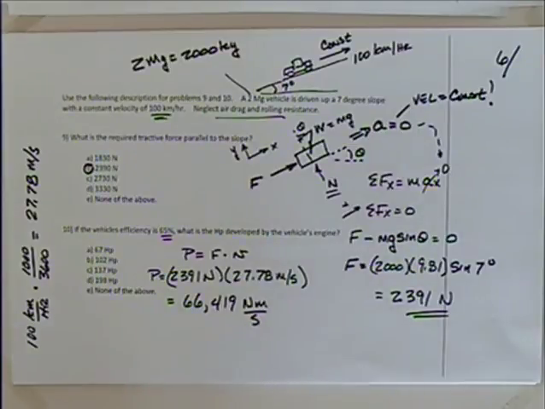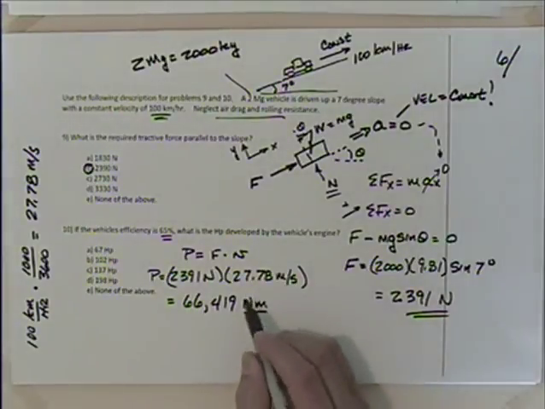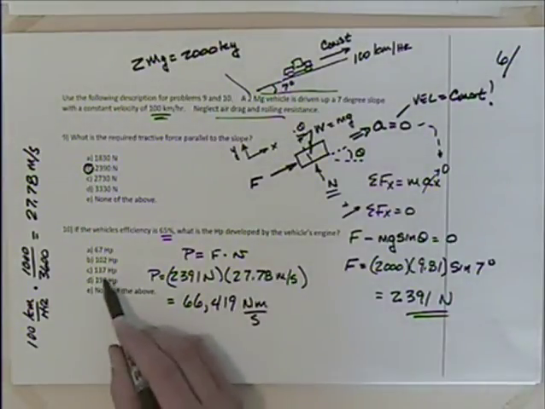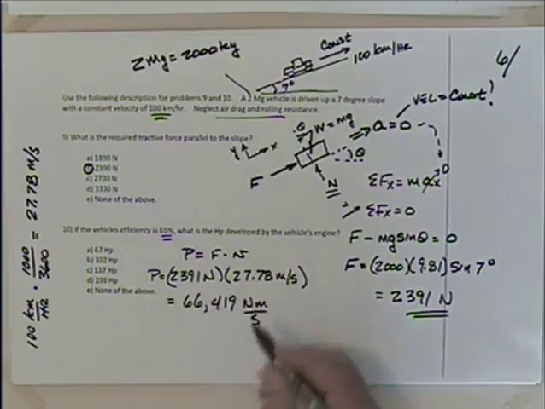Let me double check that math there. Yeah, about 66,420. Pretty close. Good. So depending on how we handle the round off here, but I think we'll probably be able to sort out these answers. So I think we're good.